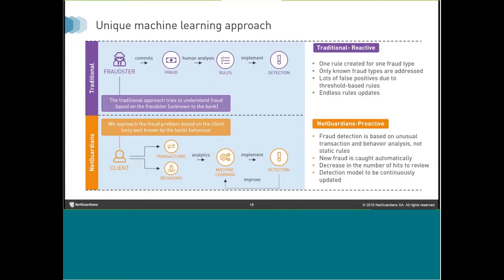In the next slide, we can see that our approach is moving away from the traditional, which I've already introduced, where you have one rule created for each individual fraud type. This is what may be referred to as supervised learning, where the rule is created for past incidences. But fraudsters are not waiting for that. They are also creating ways to beat the system.